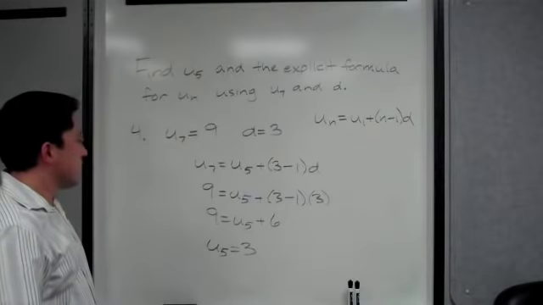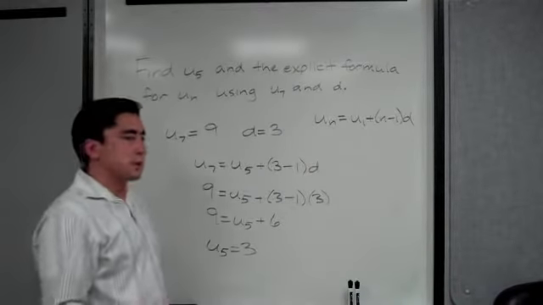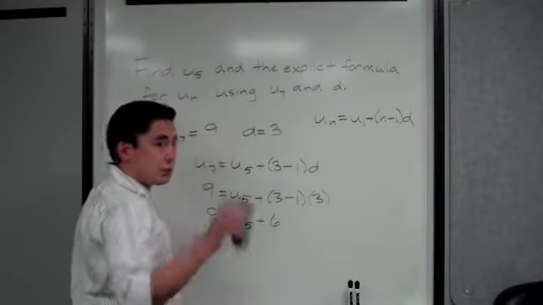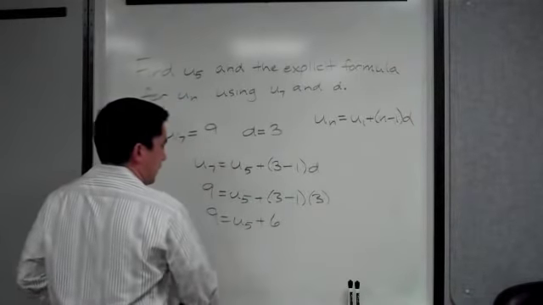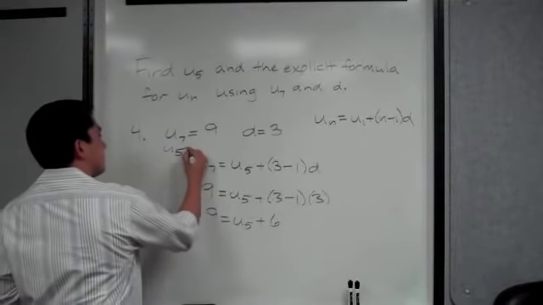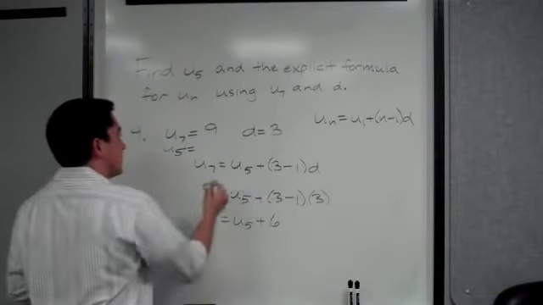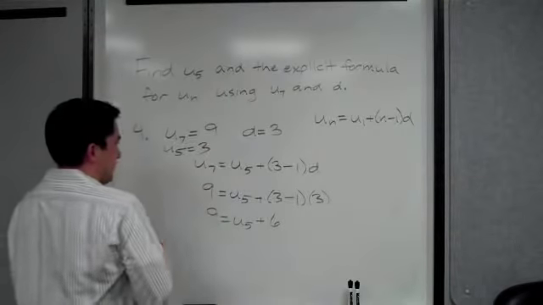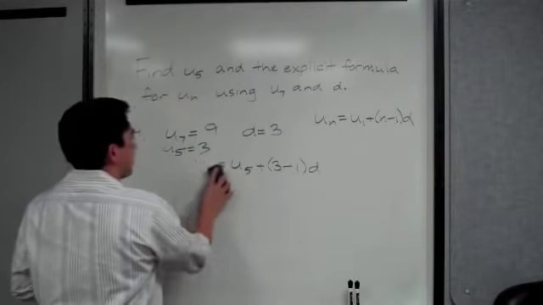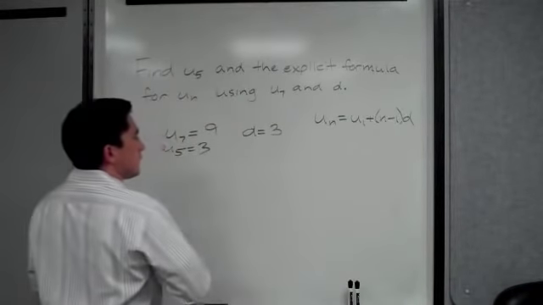Now, it also asks us to find the explicit rule. So again, we're going to do the same thing, just don't plug in. We know that now u sub 5 is equal to 3. So now what we can do is plug in.